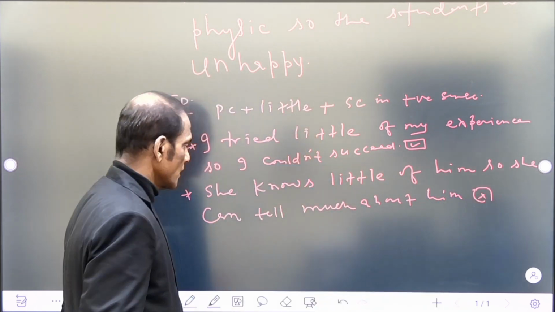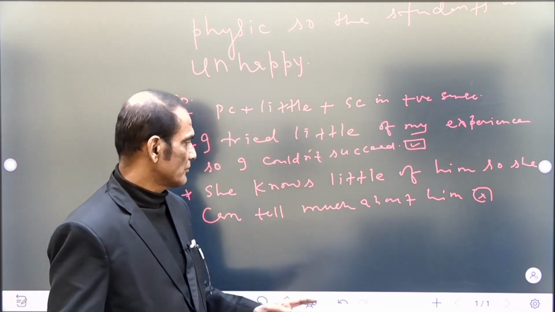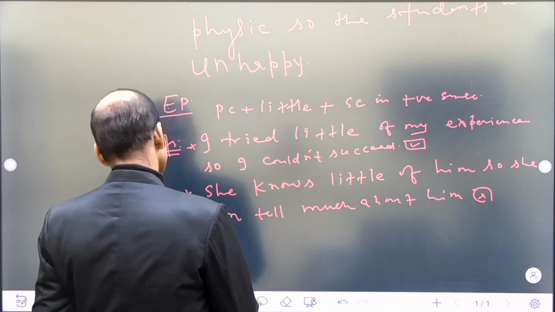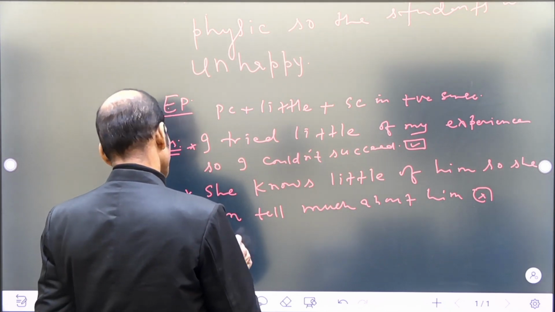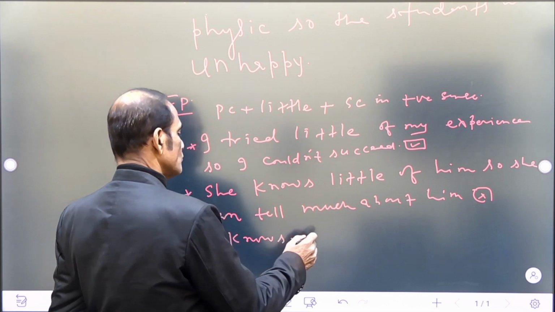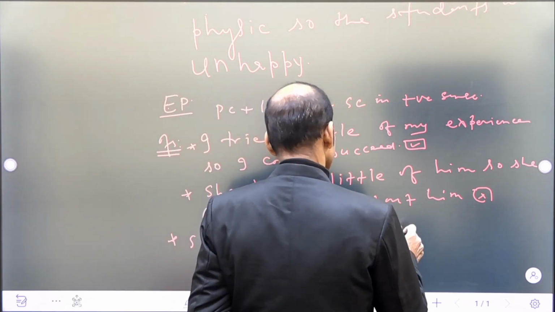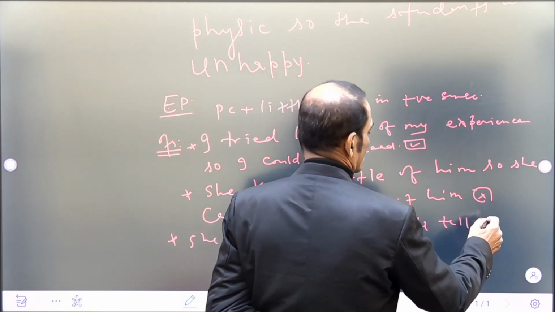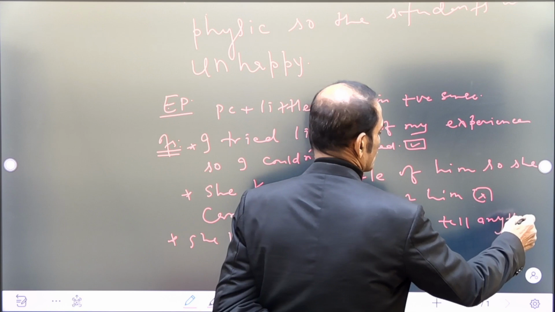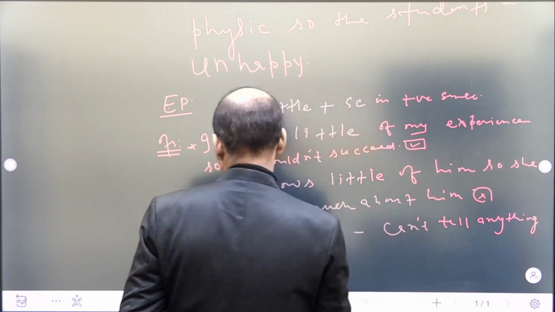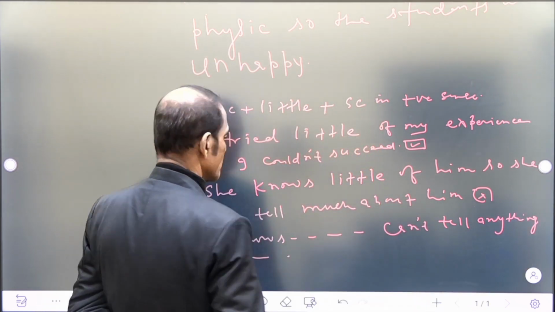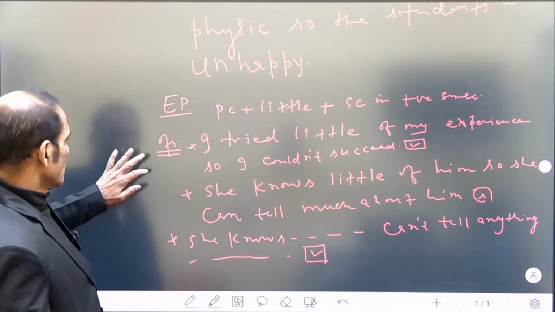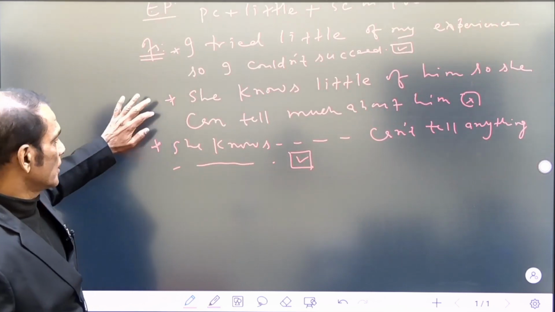This one is incorrect sentence because she can tell much about him is giving here positive sense. So the correct one is she knows little of him, so she can't tell anything about him. This one is correct one. Okay, so it should be clear.